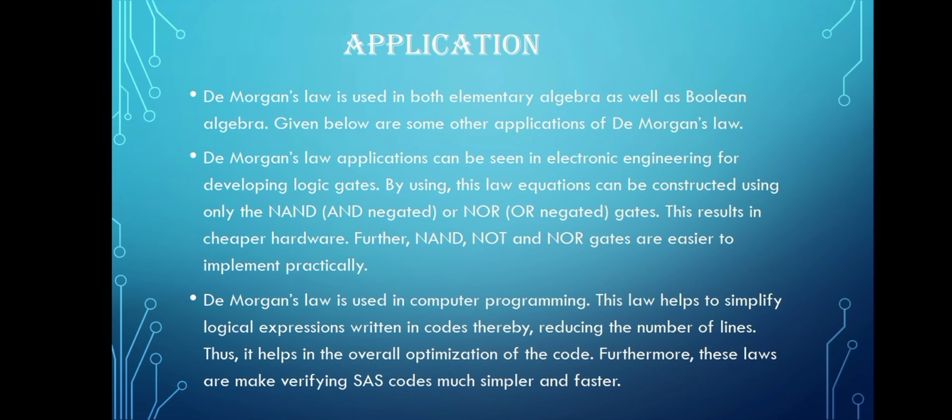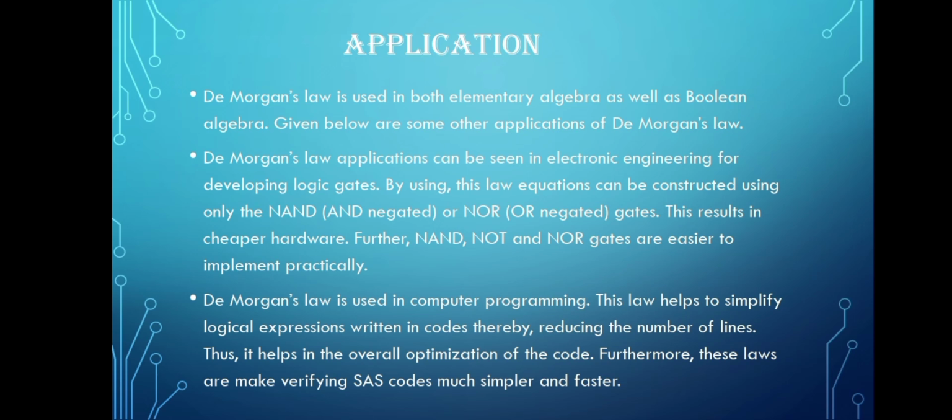Of De Morgan's theorem. De Morgan's law is used in both elementary algebra as well as Boolean algebra. Given below are some other applications of De Morgan's law. De Morgan's law application can be seen in electronic engineering for developing logic gates. By using this law, equations can be constructed using only the NAND or NOR gates. This results in cheaper hardware.